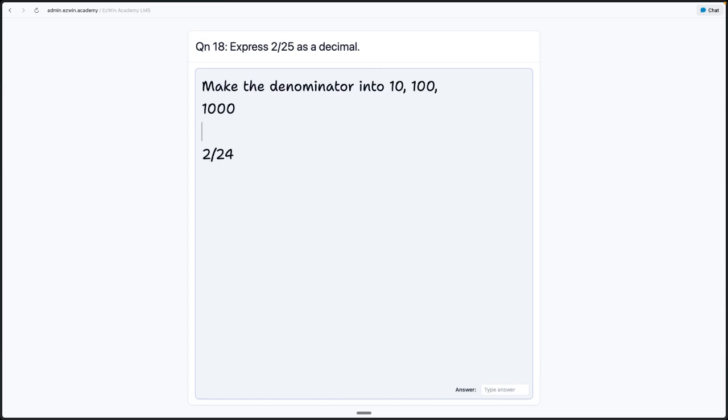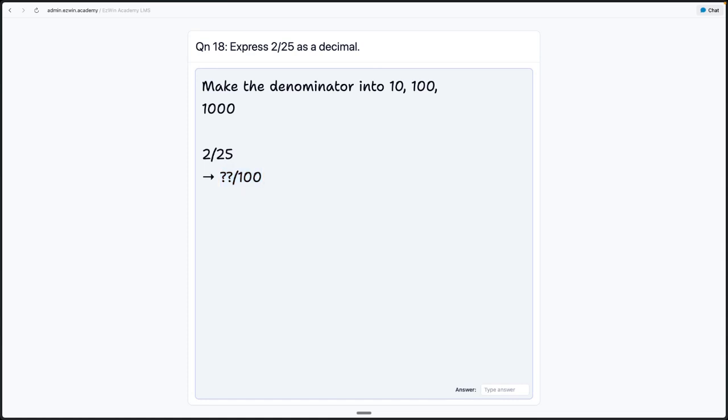In this case, 2 out of 25, we can make the denominator 100. To make it 100, we have to multiply this by 4.